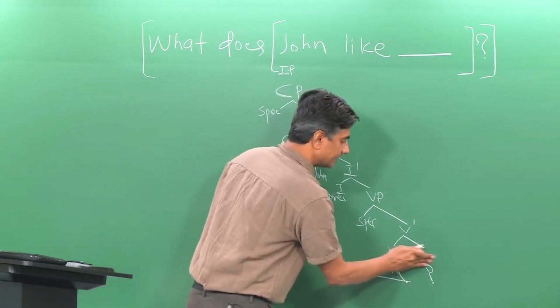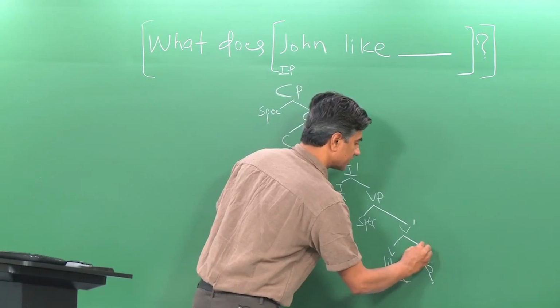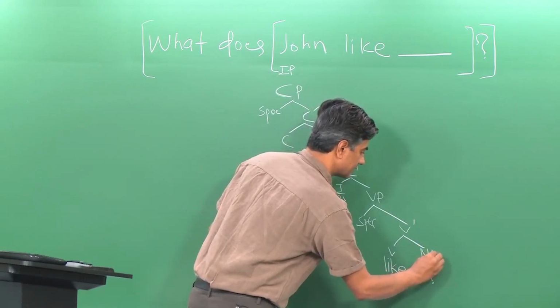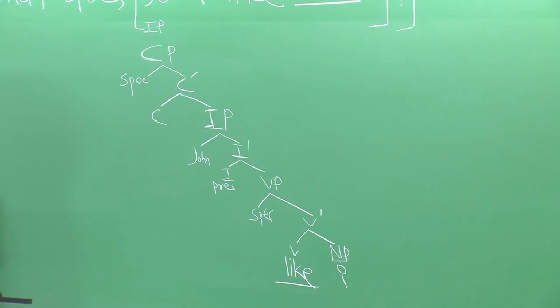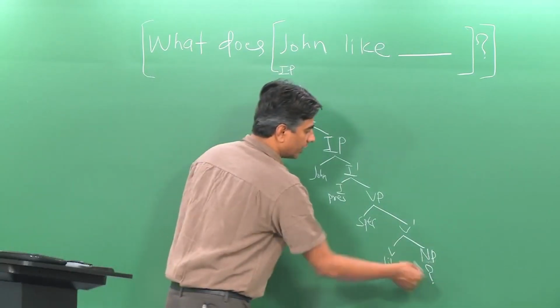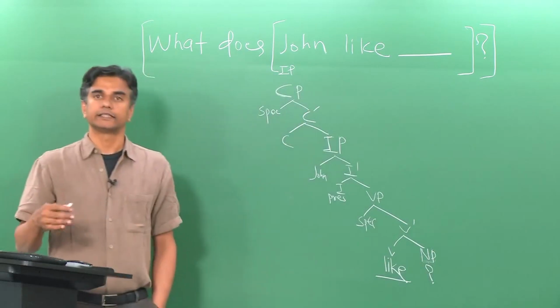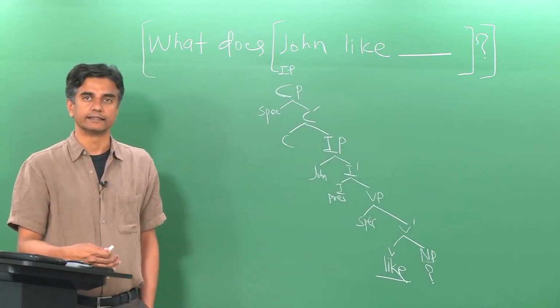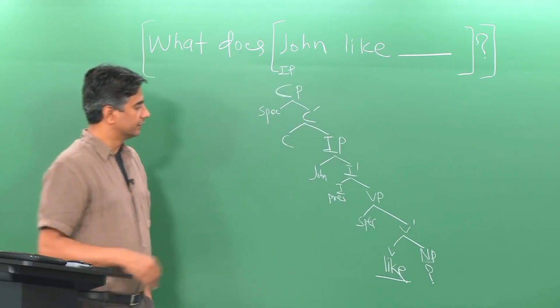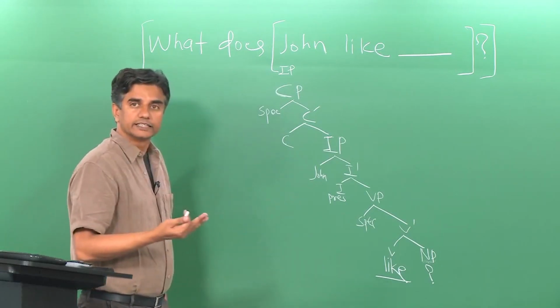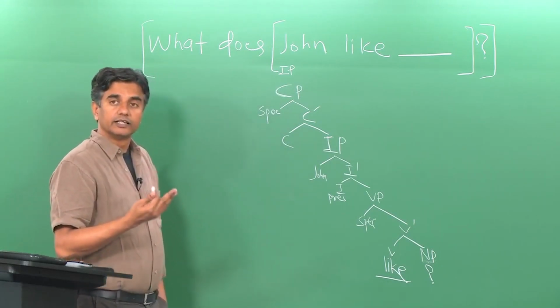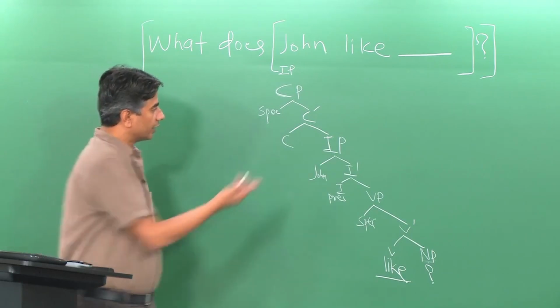Therefore, we can say that this object NP has been questioned. And we see that this has moved out of its place and it has gone to some other place. And because it is not there in this structure, it is not available under IP.